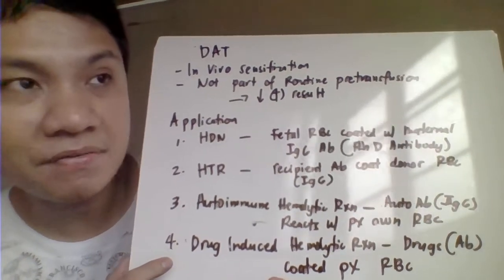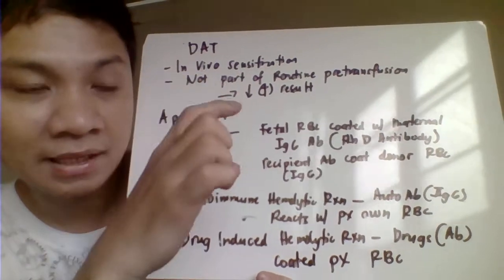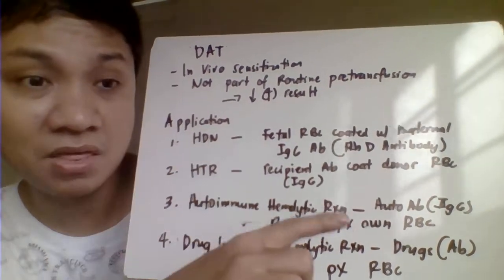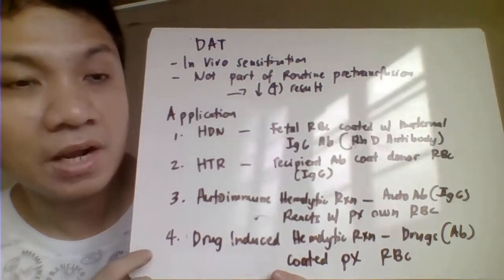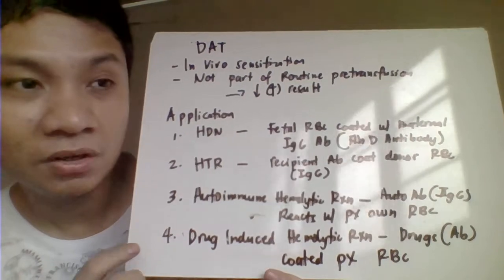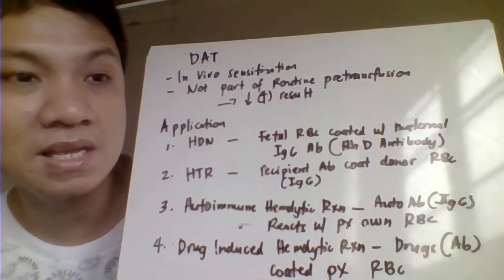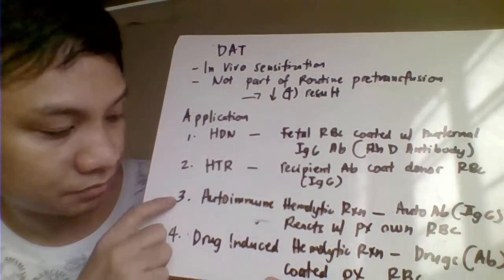And because of that, ang fetal red cell ni baby ay may naka-attach na anti-RHD, which is an IgG antibody that came from the mother, that becomes in vivo sensitization. If you collect the blood of the baby, automatic ang RBC niya may naka-coat na IgG antibody in the form of the RHD coming from the mother.